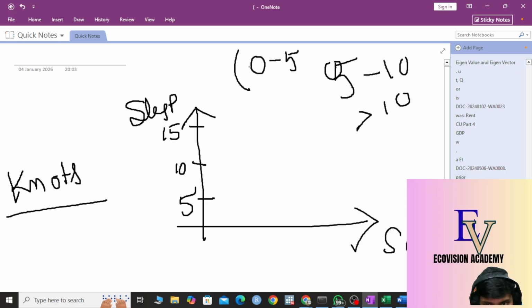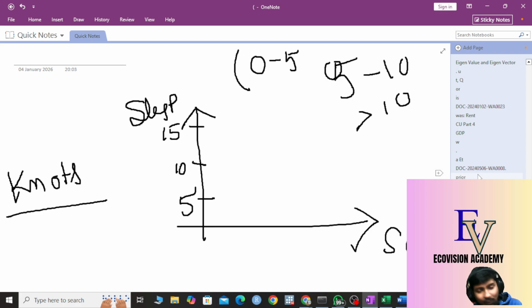The first category belongs to those who sleep between 0 to 5 hours, the second to those who sleep between 5 to 10 hours, and the third to those who sleep more than 10 hours. So these are knots, or more specifically, categories.